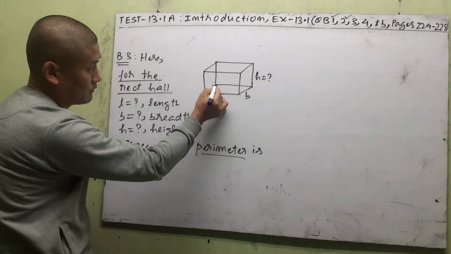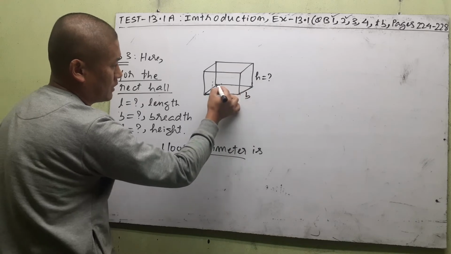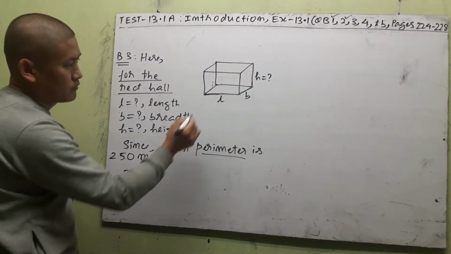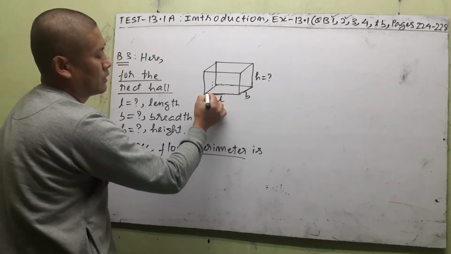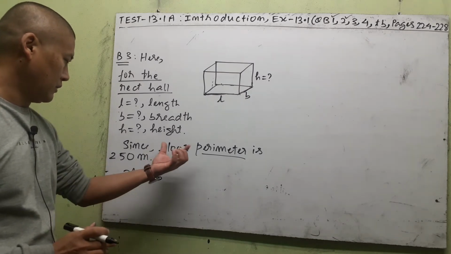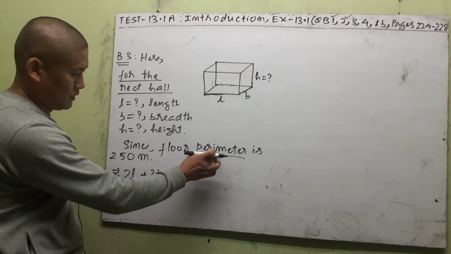When you reach here, you have covered L plus B plus L, means 2L plus B up to here. You will go here, means another B. So when you go one time around the boundary of this floor of this hall, you're covering 2L plus 2B, one time round distance. That's called perimeter. So 2L plus 2B is the perimeter of the floor.